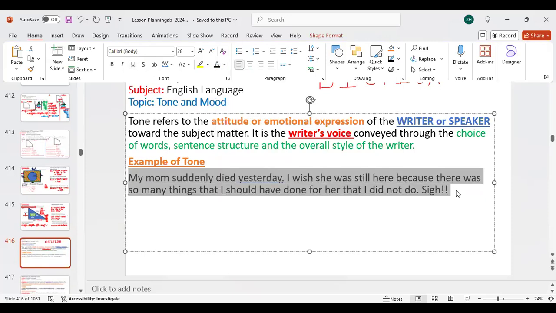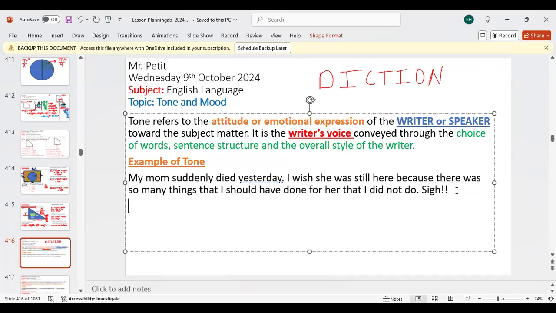Guilt, pathetic, sad, grief, remorseful, melancholy. Devastated. Dejected.